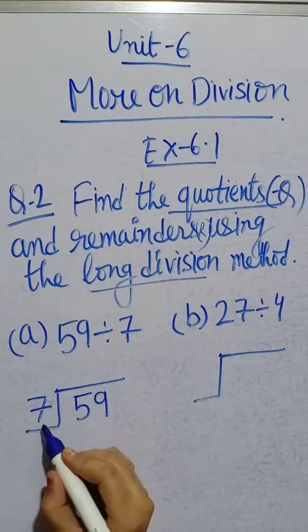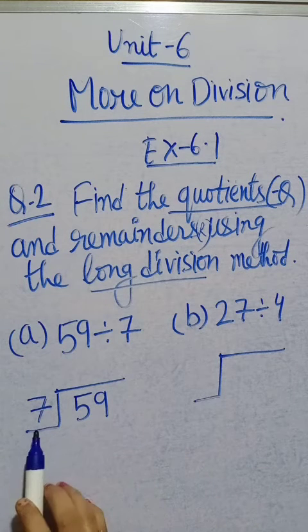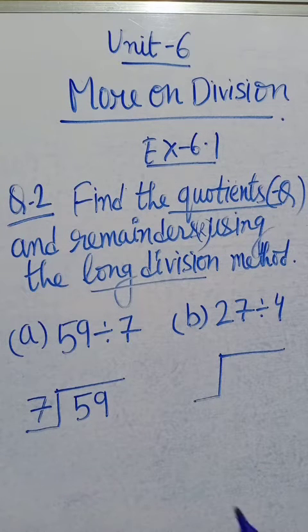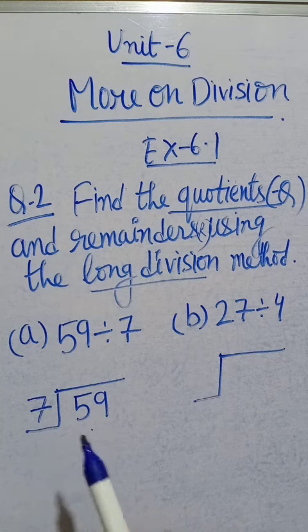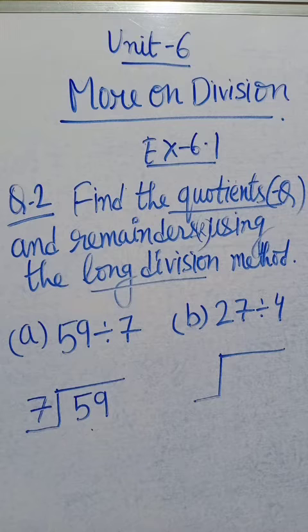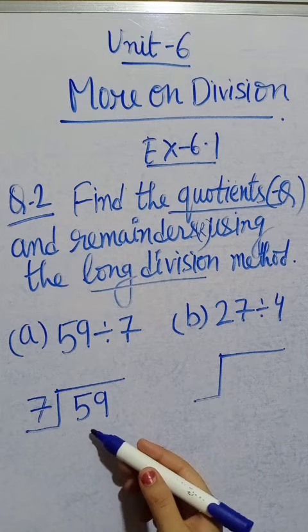So we have to read the table of 7 and divide 59. 59 doesn't come in the table of 7. So the number which is less than this comes in the table of 7, and we will go by that number. 7 8s are 56, 7 9s are 63. 63 is more than 59.